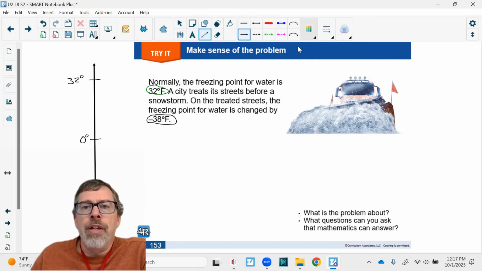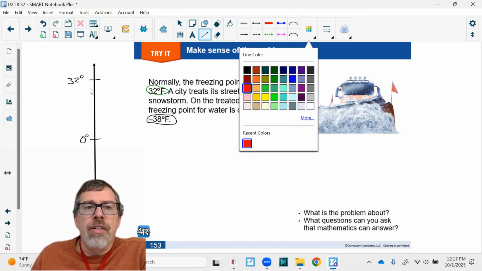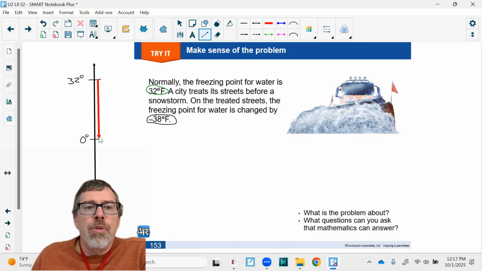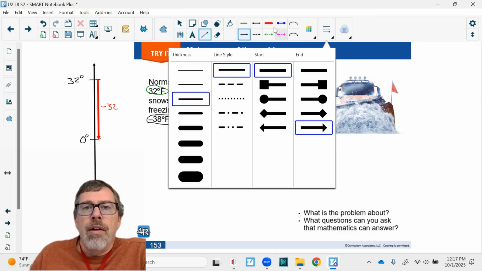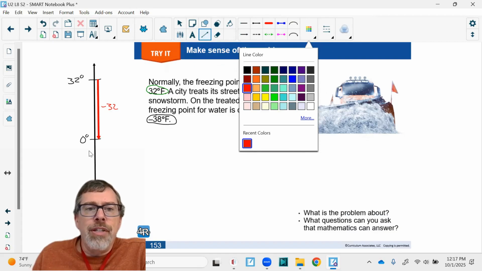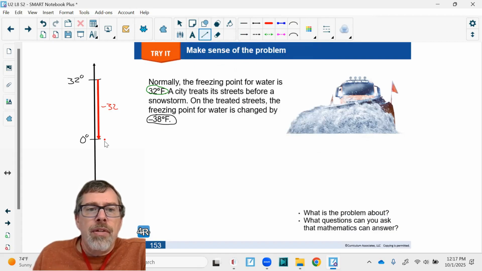So one way to do it is to focus on our distance from 0, which is the absolute value. So if I go from 32 down to 0, that is a decrease of 32 degrees. We aren't at our 38 degrees yet. We also will need to decrease again by how many more degrees? 33, 34, 35, 36.